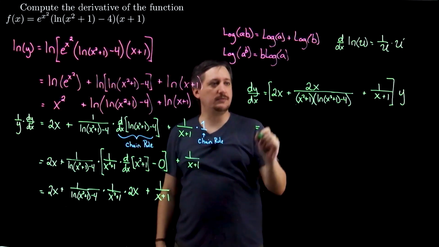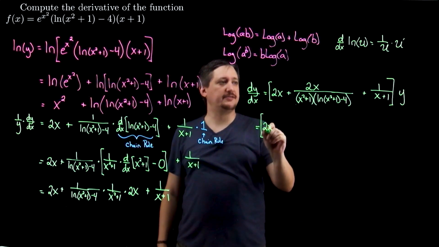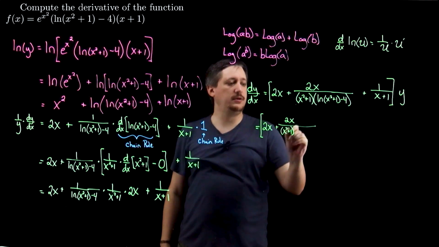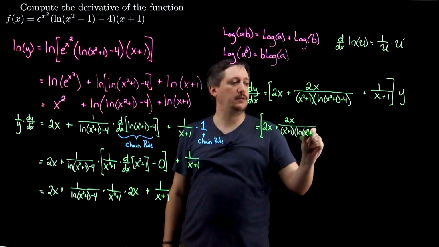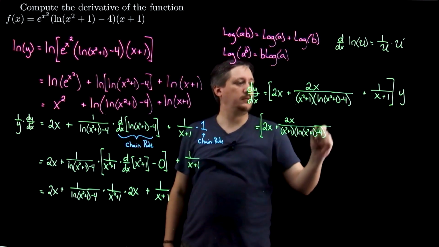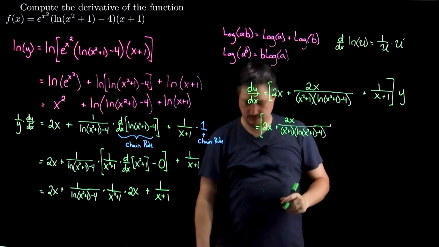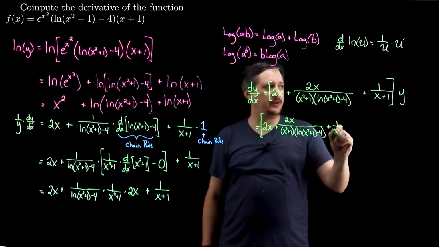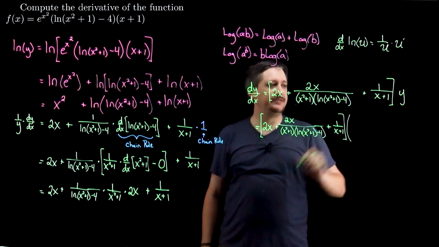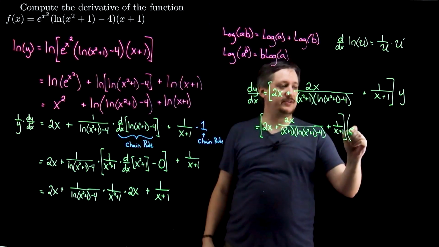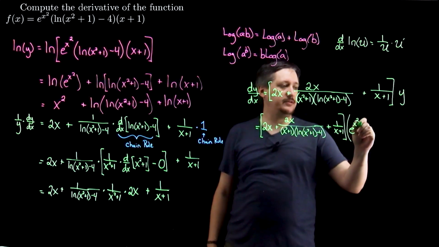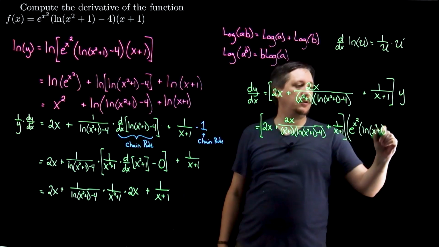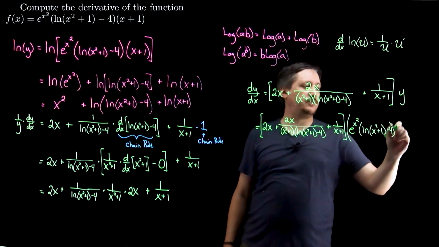So I have 2x plus 2x over x squared plus 1 times natural log of x squared plus 1 minus 4, plus 1 over x plus 1, times what y is actually equal to, which was e to the x squared times natural log of x squared plus 1, all minus 4, times x plus 1.